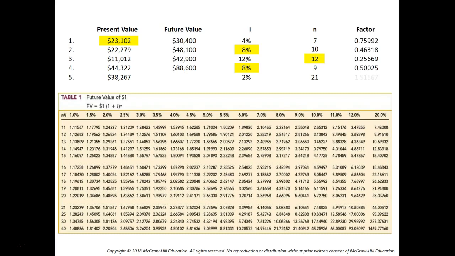Last, we know the present value, we know the interest rate, and the number of periods. So in order to get the future value, we find the factor of the future value of $1, which is just table 1, 2% with 21 periods, and that 1.51567 times our present value will then give us the future value amount.